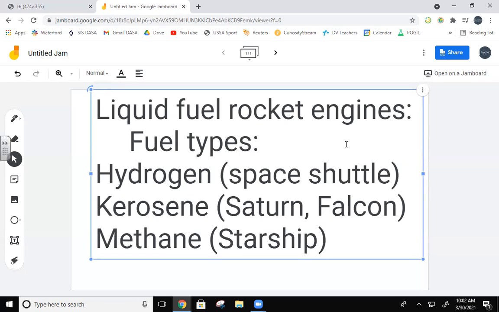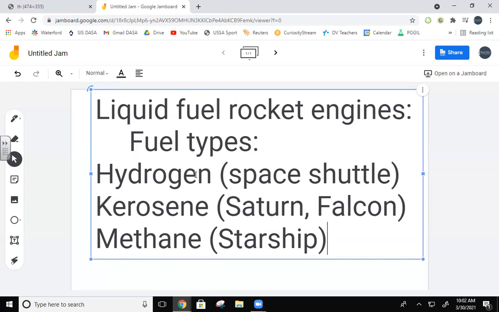But the thing about methane is it's efficient. It's more efficient than kerosene, and easier to store than hydrogen. Hydrogen is very efficient, but it is extremely difficult to store, and the tanks that you use for it have to be enormous.